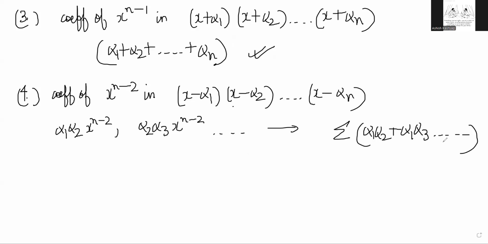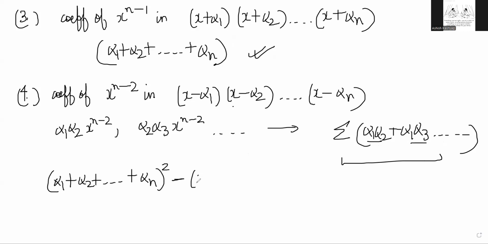The way to do that is simple. This is the summation of terms taken two at a time. So the coefficient will be simply (alpha 1 plus alpha 2 till alpha n) whole square minus (alpha 1 square plus alpha 2 square till alpha n square). From the perfect square, we are subtracting the sum of squares.